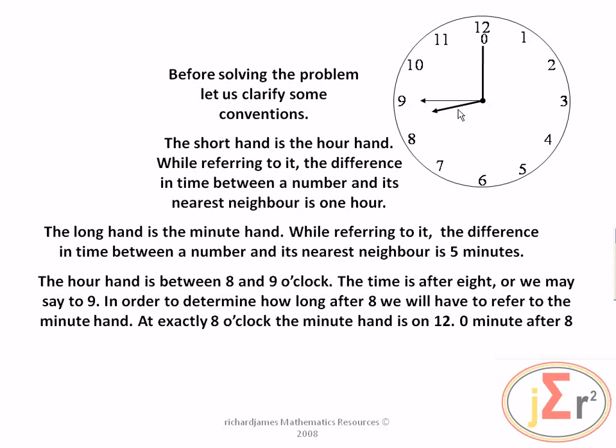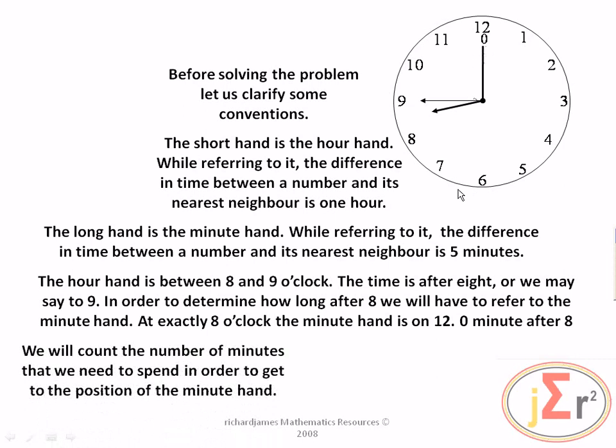So in order to determine how many minutes past 8, we'll have to take a look at the minute hand. And we need to count the number of minutes reflected by the minute hand, from the 0 position, which is on 12. So let us count the number of minutes. That is too quick, Jerry. Let's go.